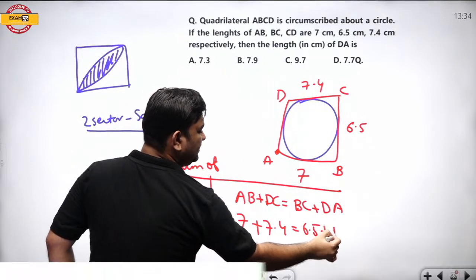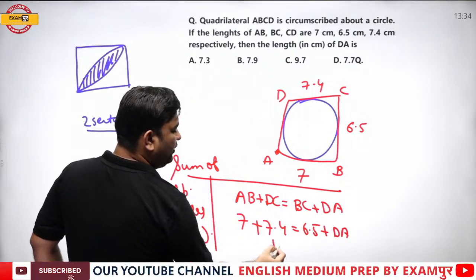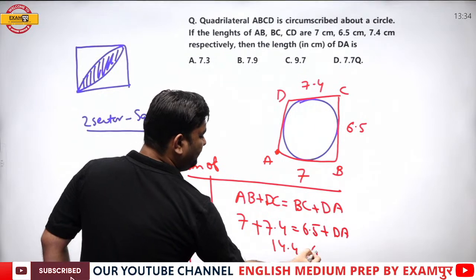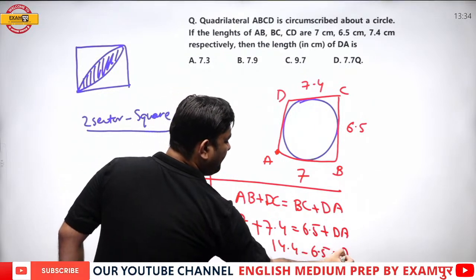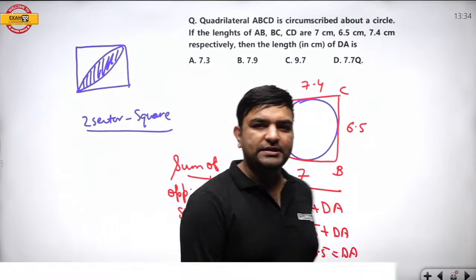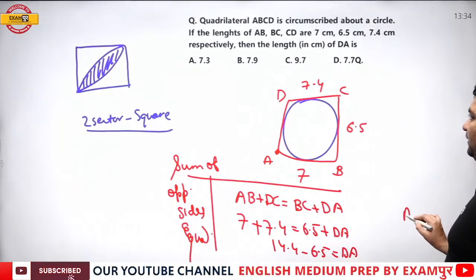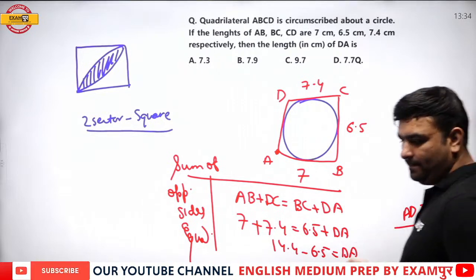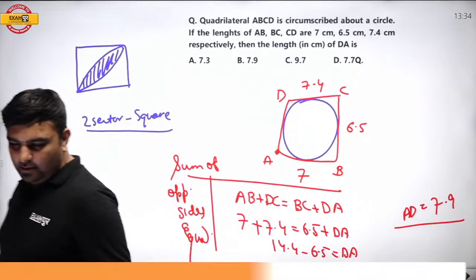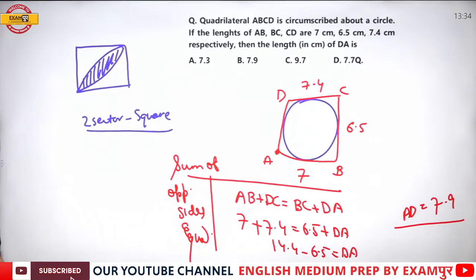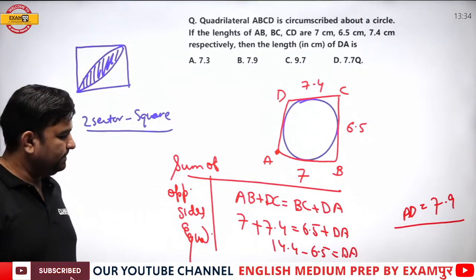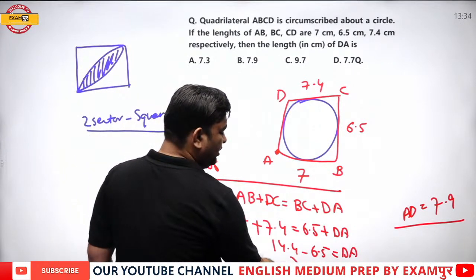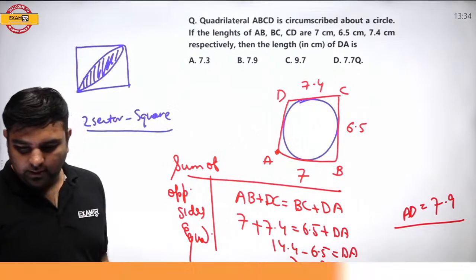So what is DA? 14.4 minus 6.5 is DA, which is about 7.9.